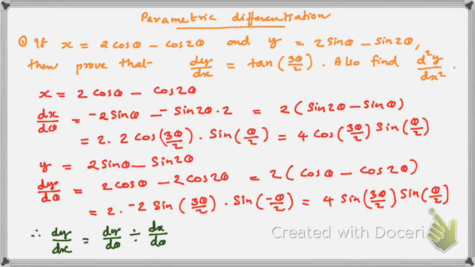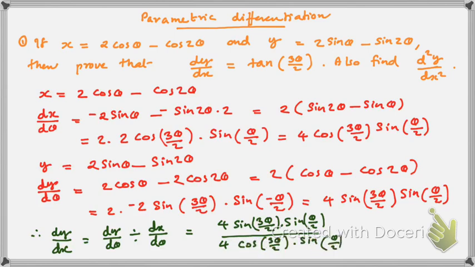I'm going to copy my dy by d theta first: 4 sin 3 theta by 2 sin theta by 2 divided by dx by d theta, which I also copy. You can see that 4 and 4 cancel, sin theta by 2 and sin theta by 2 cancel. So what is left is sin 3 theta by 2 by cos 3 theta by 2, which is tan 3 theta by 2.